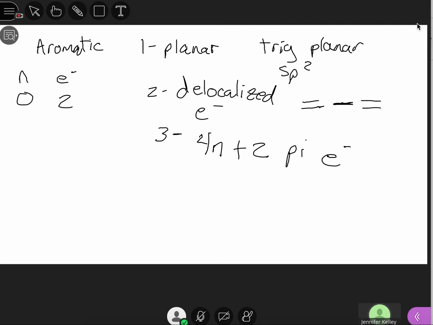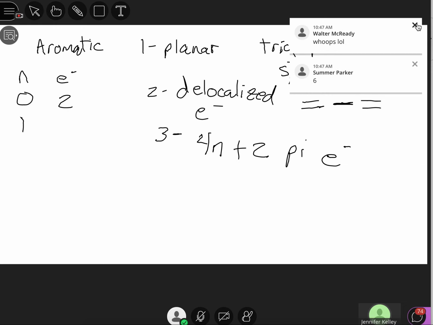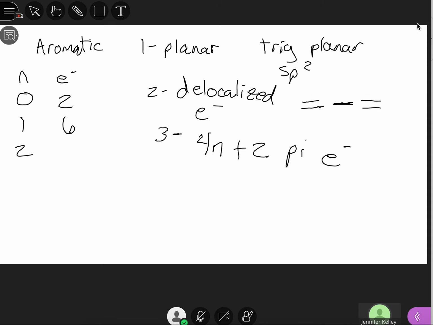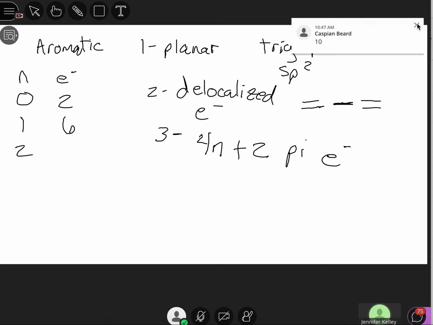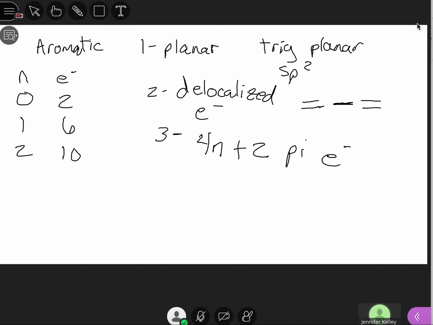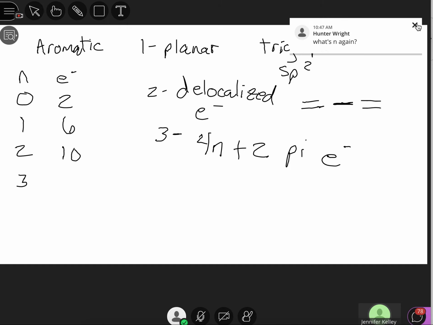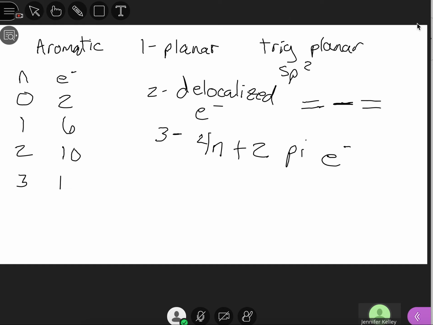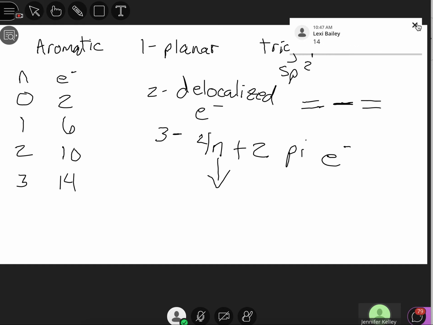If n was 1, what would the number of electrons be? It would be 6. If n was 2, what would the number of electrons be? 10, right? So they go up by 4 each time. So if it was 3, it'd be 12 plus 2 is 14. N is any integer.